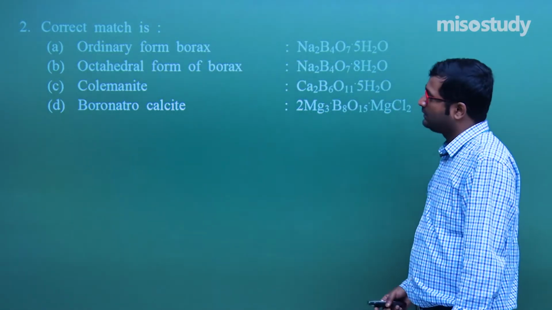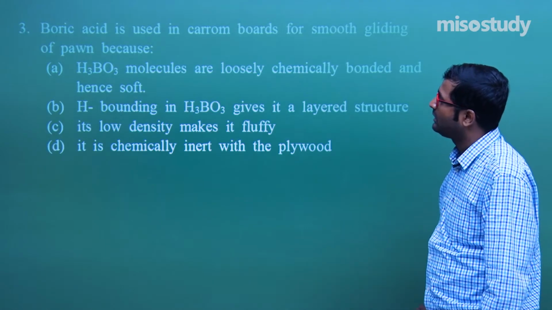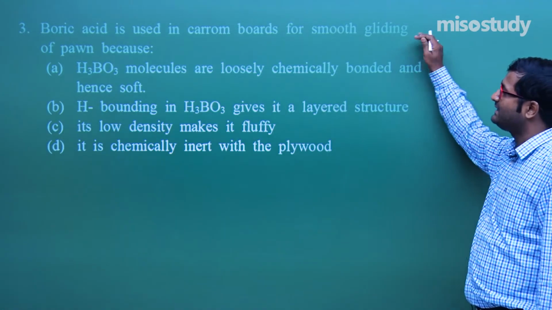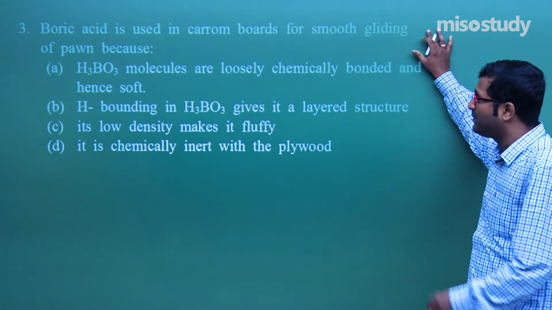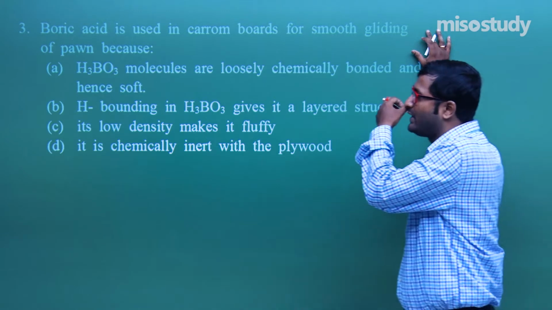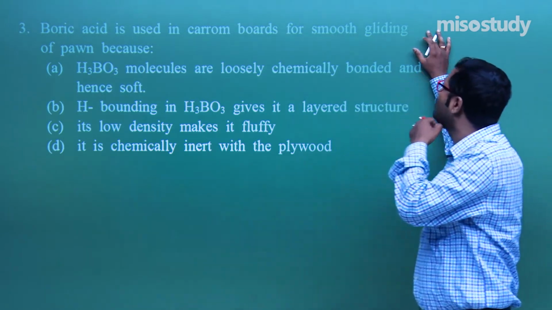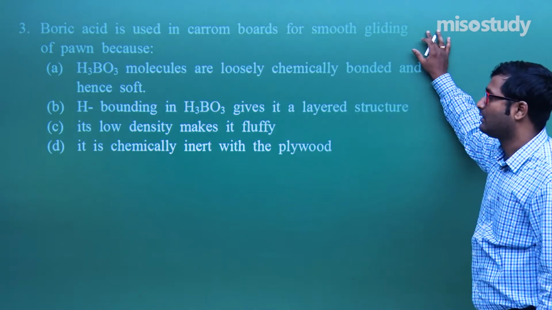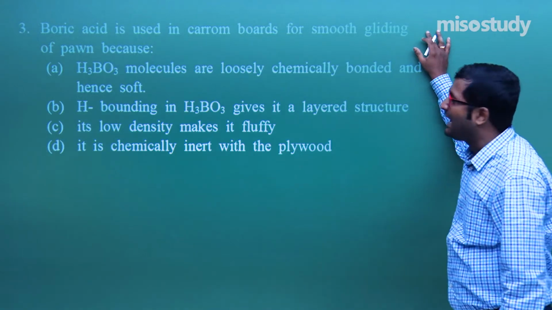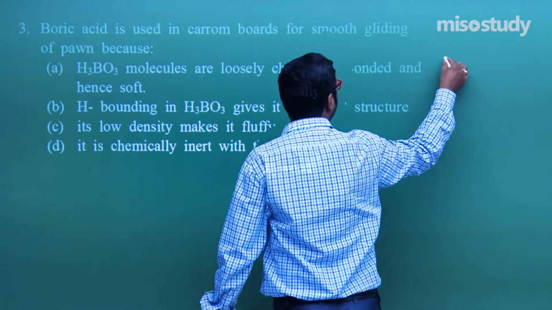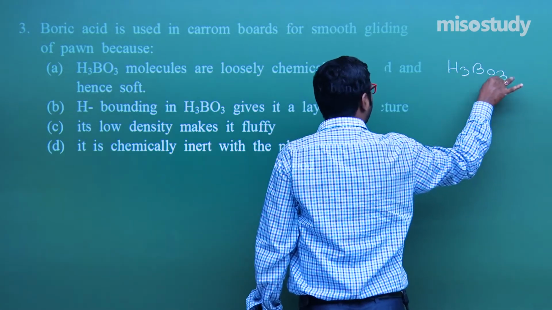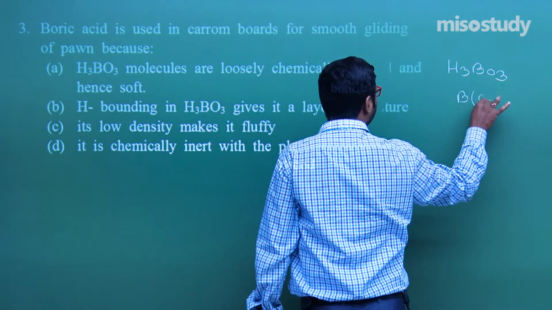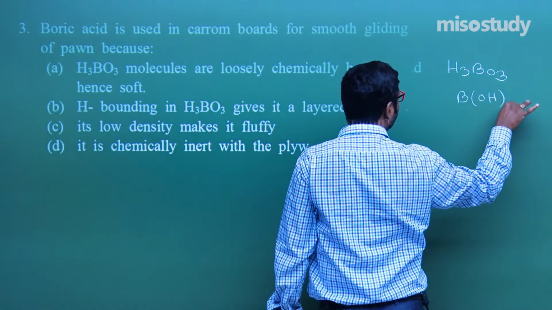Now the next question, third one, boric acid is used in carom boards. We know when we play carom board, we use boric acid for smooth gliding, because what is the reason behind it? As we know, the formula of boric acid is H3BO3, or it can also be written like this, B(OH)3.